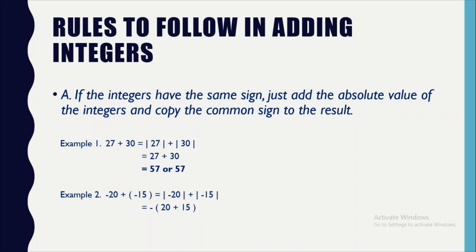And then, just add 20 plus 15, that is 35. And after you get the sum, just copy their common sign. And that is negative. So therefore, negative 20 plus negative 15 is equal to negative 35.